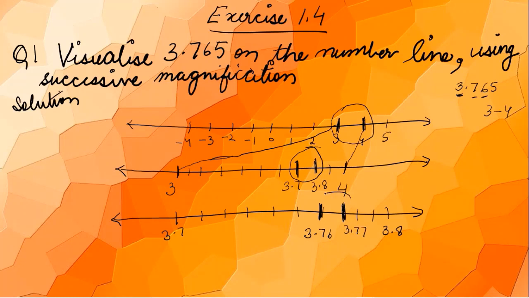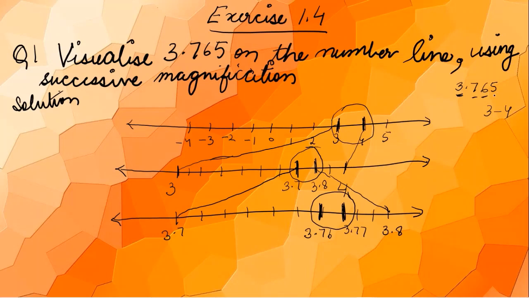So your magnifying glass will be over here. From here we have taken 3.7 and from here we have taken 3.8. Now up till 3.76 we have come.